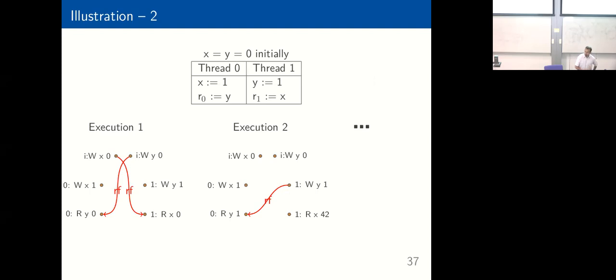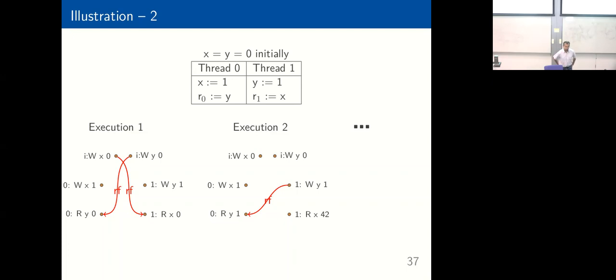Let me show you what that looks like. That program and the set of event structures that I had, those event structures come also together with relations. I didn't bother drawing the program order relations, but imagine them going vertically down wherever objects are in a vertical straight line.